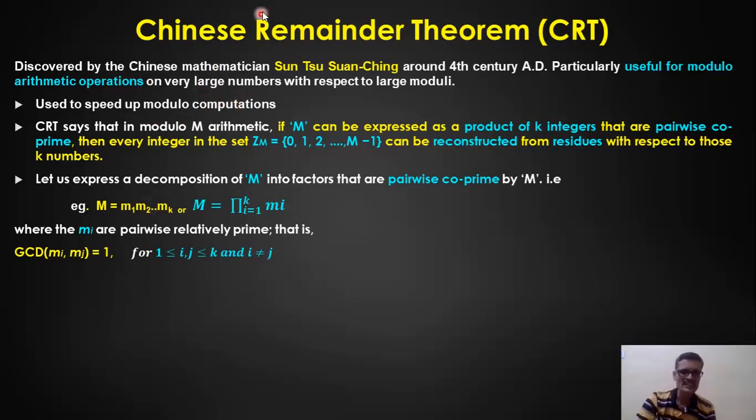Now, what the Chinese remainder theorem says is: I have an integer, let us say m, which is a very large number.